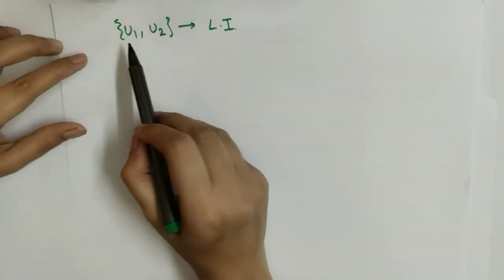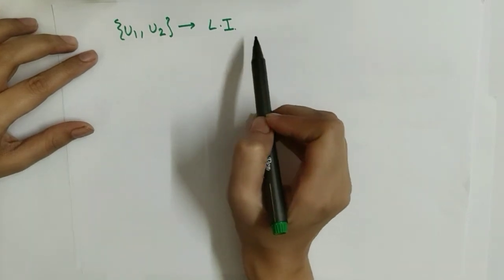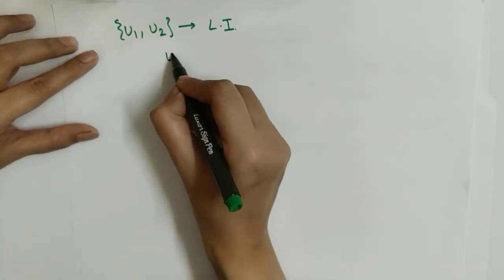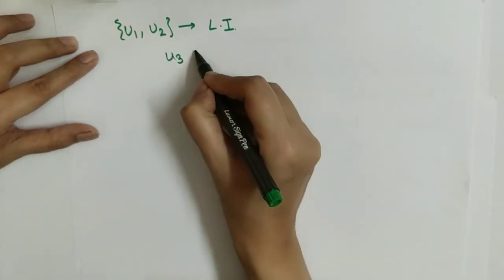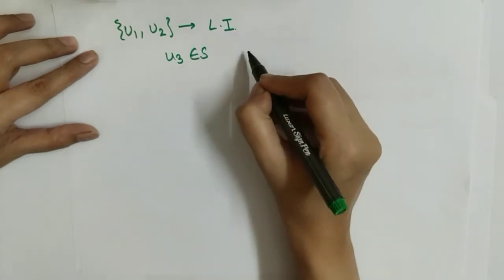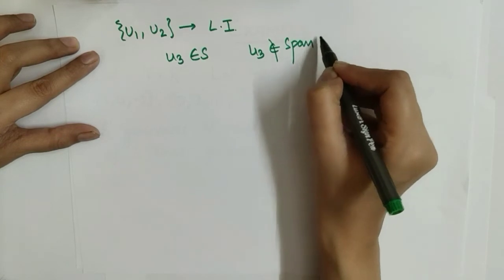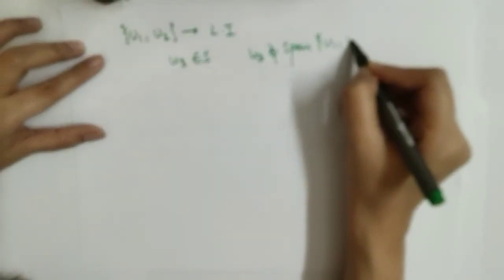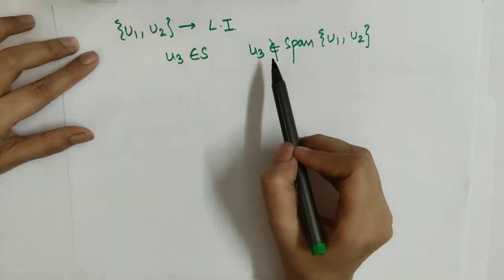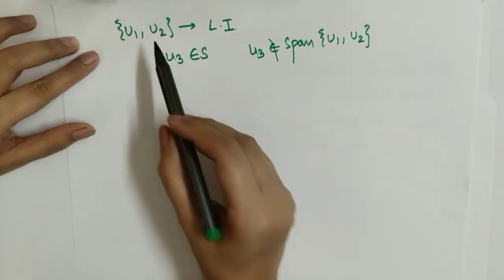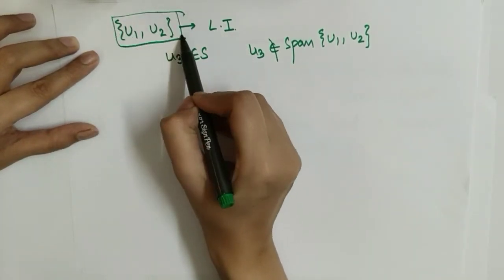Now again, since {U1, U2} is linearly independent, we aim at finding another element U3 which belongs to S, but U3 does not belong to span of {U1, U2}. If such an element does not exist, then that means this is our required basis.